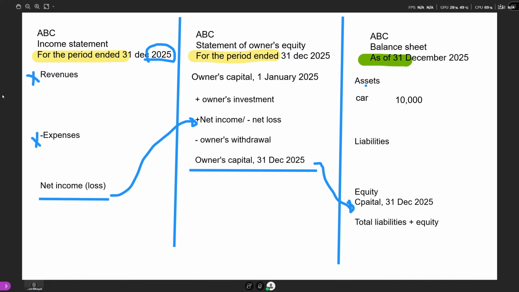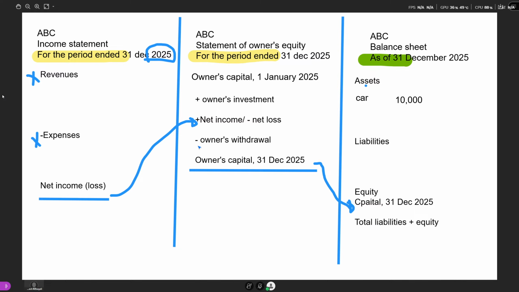So for now, when I am done preparing the statement, the revenues and the expenses that I generated by the end of 31st of December, I no longer need my revenues and I no longer need my expenses in my books. Why? Because everything related to them is stored in the balance sheet.